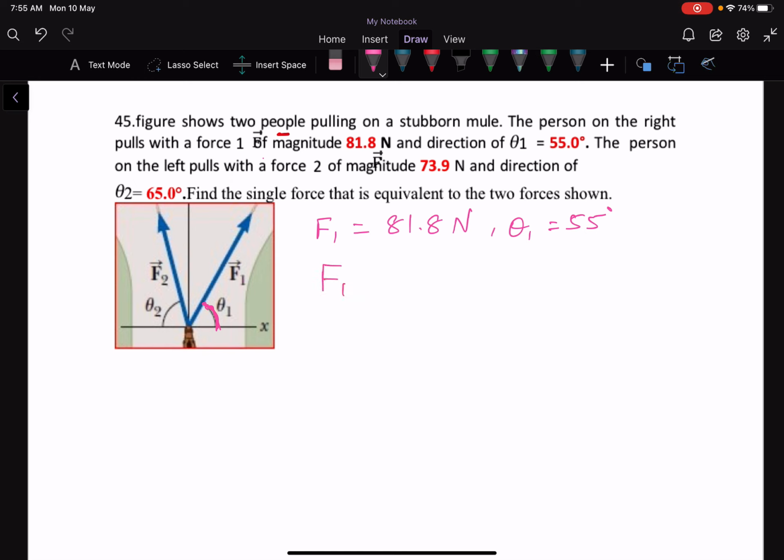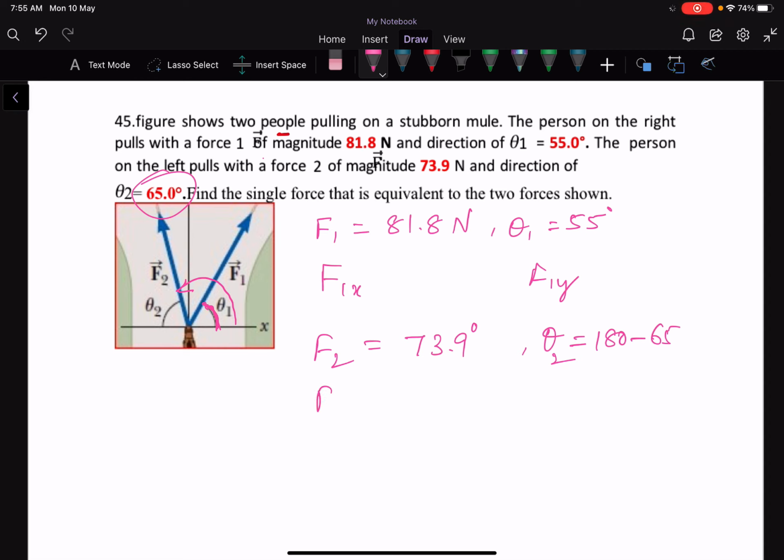So you will make the x component and y component here. The person on the left pulls with a force F2 of 73.9 newtons, and theta is measured from the positive x-axis counterclockwise. This angle is nothing but 180 minus 65. So you will get theta 2 here.